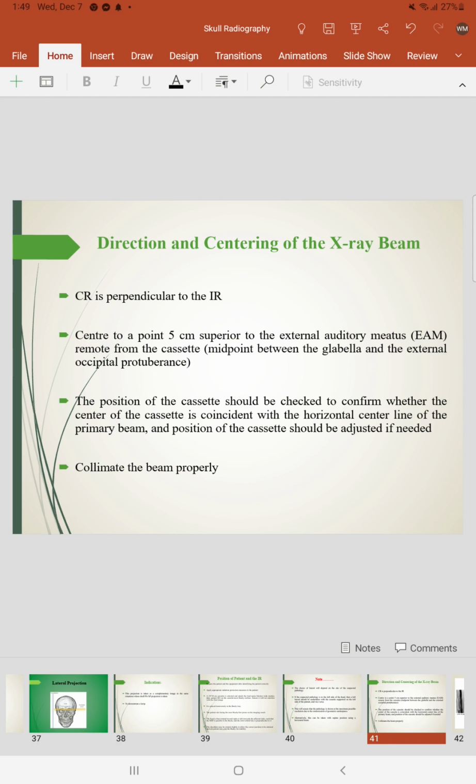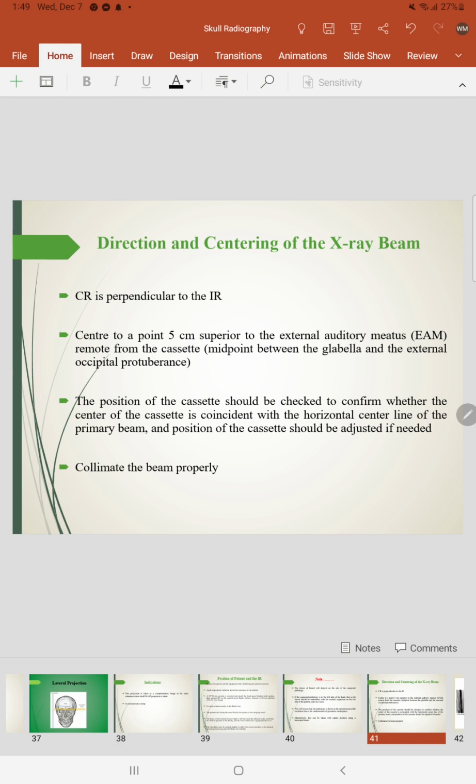Then, direction and centering of the X-ray beam. The central ray is perpendicular to the image receptor, centered to a point 5 cm superior to the external auditory meatus.